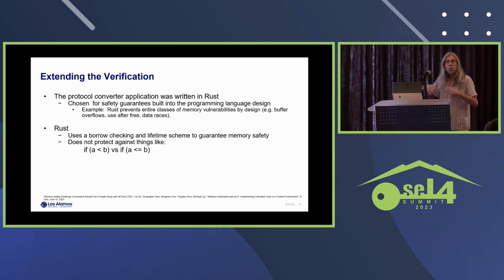Rust also uses a number of techniques like borrow checking and the lifetime scheme to guarantee memory safety. It does not, however, prevent against logic errors like the ones below. But at least you get the memory safety guarantees.